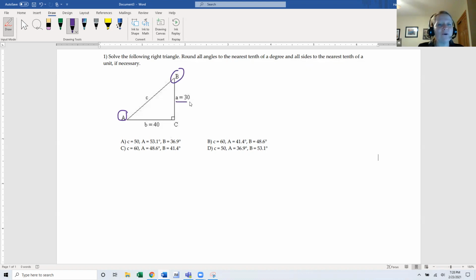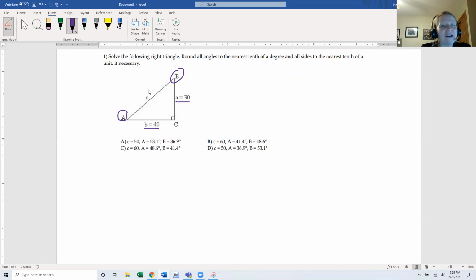We do know side A and we do know side B. So we know that side A is equal to 30 units. It doesn't say inches or anything like that. So it could be inches or millimeters, or let's say millimeters because there's no decimal. So side A is 30 millimeters, side B is 40 millimeters.